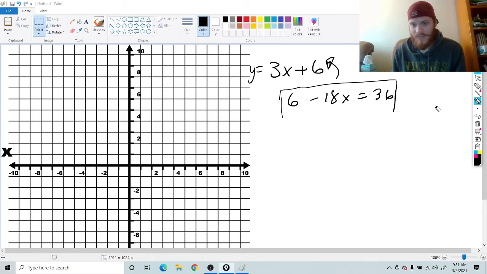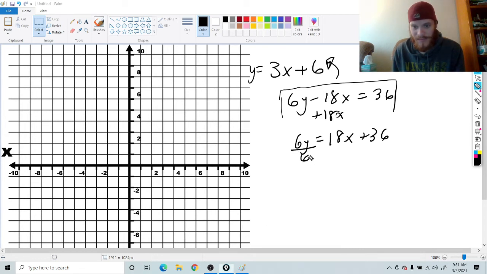Check it out. I'm going to say, okay, wait a second. I want to get the y term by itself, so I'm going to move 18x all the way over here. So 6y equals 18x plus 36, right? Now I'm going to divide each one of these by 6, and you're going to get y equals 3x plus 6.